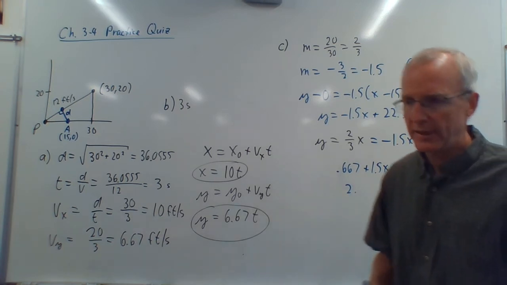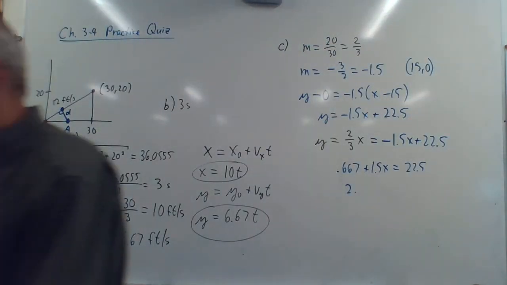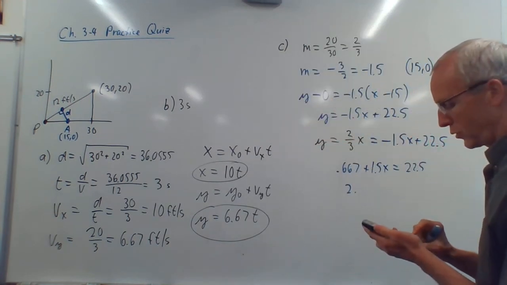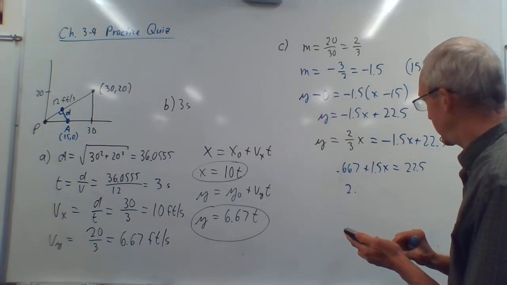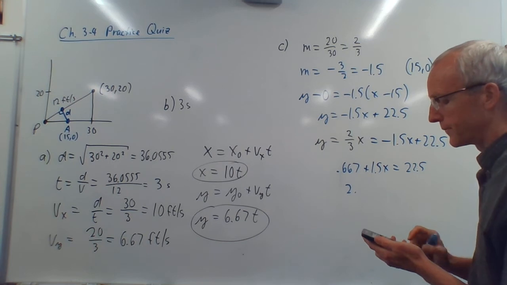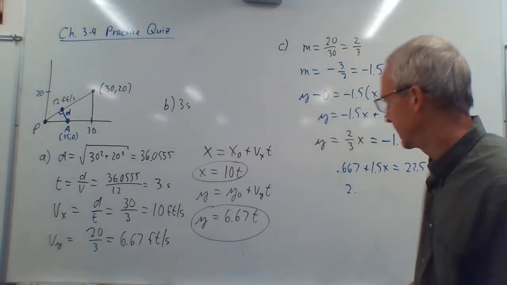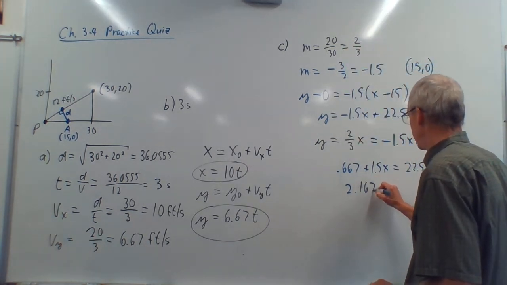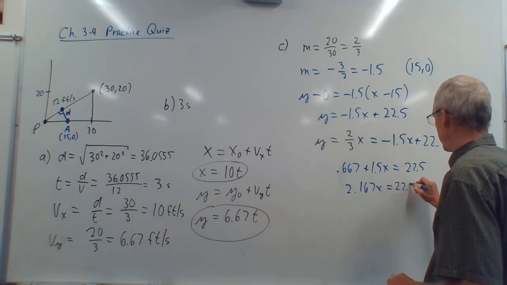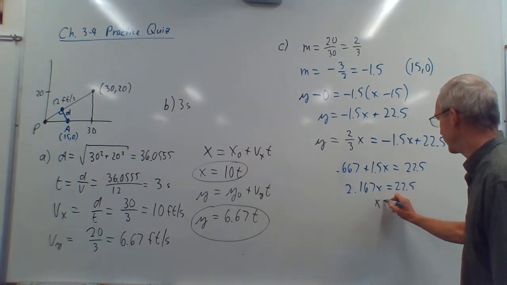Let's see, I better do it on a calculator. My head's not working very well right now. 0.667 plus 1.5 is 2.167. So 2.167x equals 22.5. Divide both sides by 2.167.